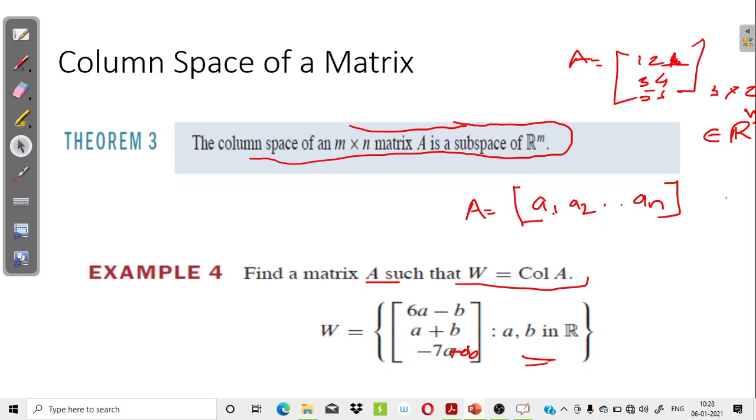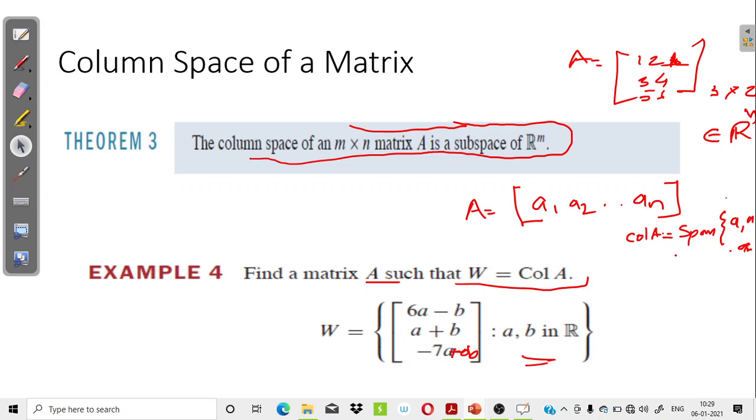Now, by definition we have the column space of a matrix A as the span of the set A1, A2, etc., An. This is our column space, right?